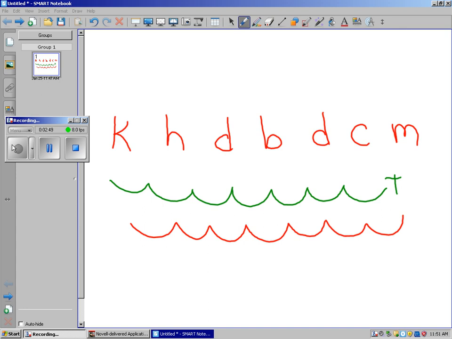If I have 500 hectometers, and I am trying to determine how many meters are in 500 hectometers. Meters is my base. Am I moving to the right or am I moving to the left? I'm moving to the right.